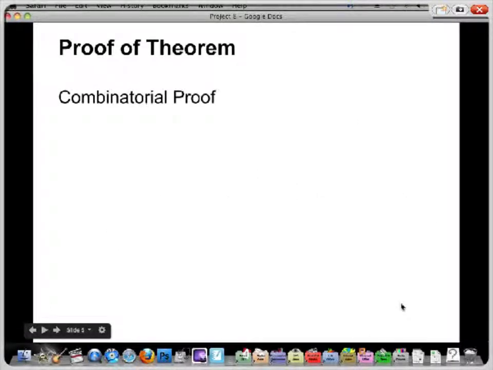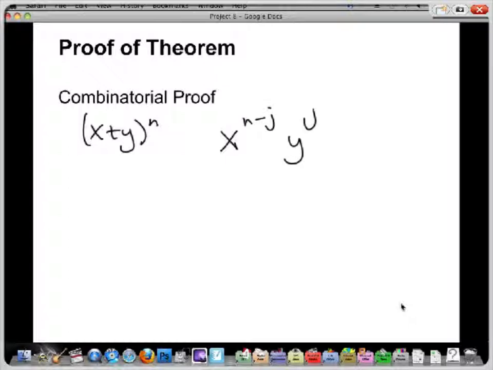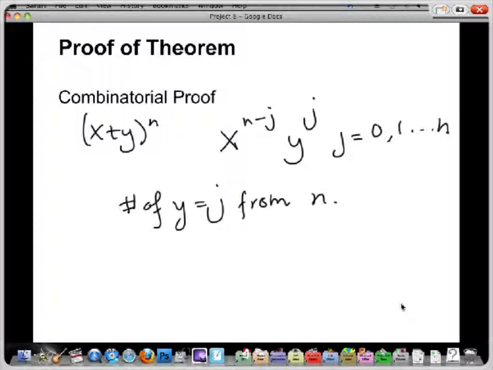We're going to do a combinatorial proof here. The terms in the product (x plus y) to the n, when you expand it out, are all of the form x to the n minus j times y to the j, where j equals 0 to n. To count each of the terms, we have to realize that we're choosing the number of y's. There are j of them, so you're choosing j from n possible locations.